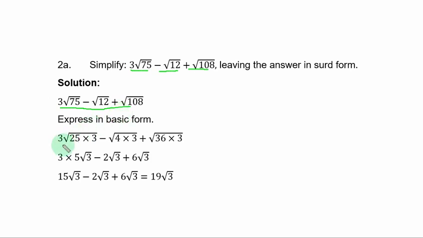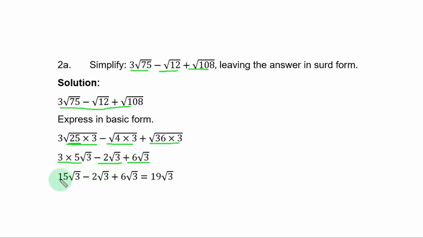So you have 3 root 25 times 3, that is 75, minus root 4 times 3, that is 12, plus root 36 times 3 for 108. Root 25 is 5, so you have 3 times 5 root 3 minus 2 root 3 plus 6 root 3.